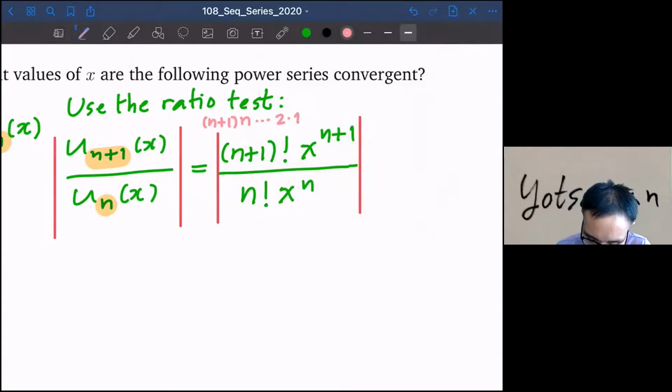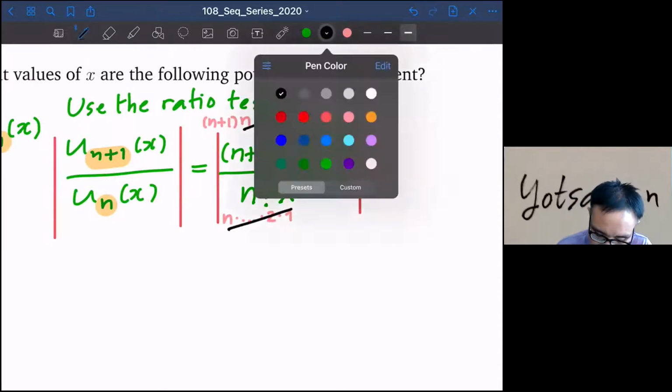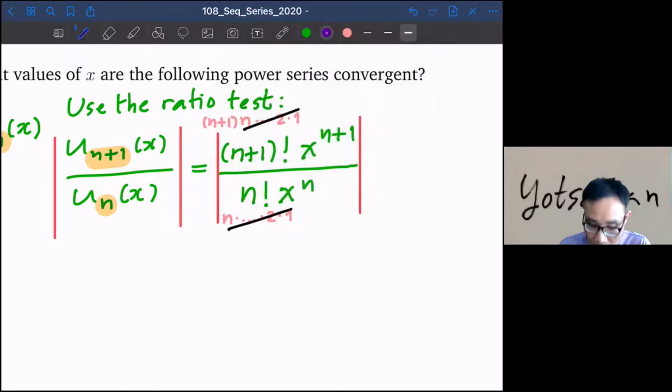Okay, n factorial is n times down to 2 times 1, and you can get rid of these terms. Then you have x to the n and x to the n plus 1, so you're going to have x. Okay, so just n plus 1 is left, and you have x left, inside the absolute value.